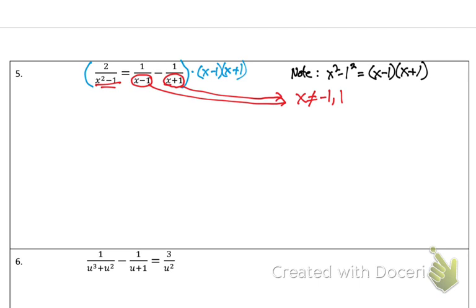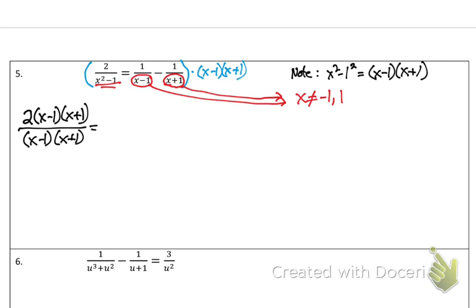All right, let's go ahead and distribute all this stuff. I'm going to go ahead and change that x squared minus 1 to x minus 1 times x plus 1 in a second here. So for that first part, when I distribute, I'm going to have 2 times x minus 1 times x plus 1 all over x squared minus 1, which equals x minus 1 times x plus 1.